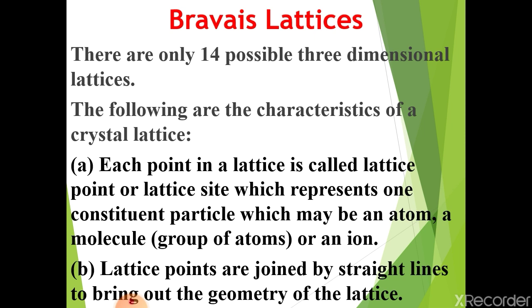These crystal lattice systems are cubic, tetragonal, orthorhombic, hexagonal, rhombohedral, monoclinic and triclinic. These 7 types of system show 14 possible arrangements of particles.